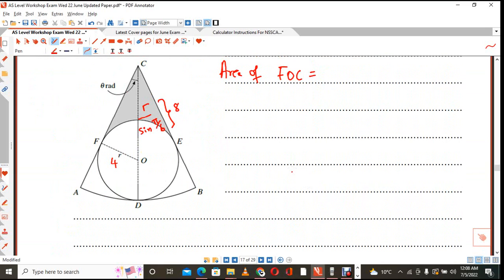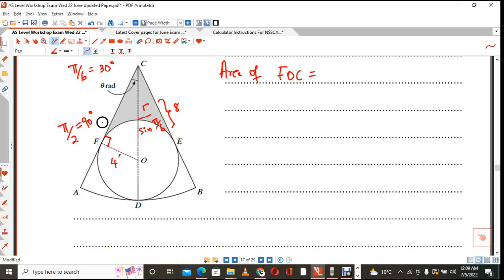Right, what else do I have? I also have an angle here. I know that this angle here is half pi radians, which is equivalent to 90 degrees. And that angle there was pi over 6, which is 30 degrees.